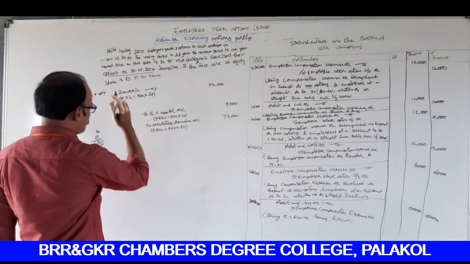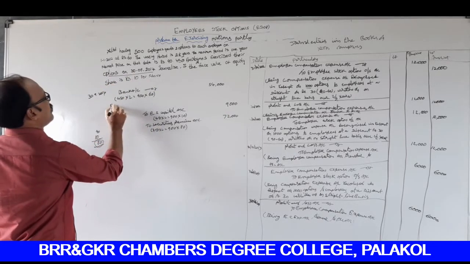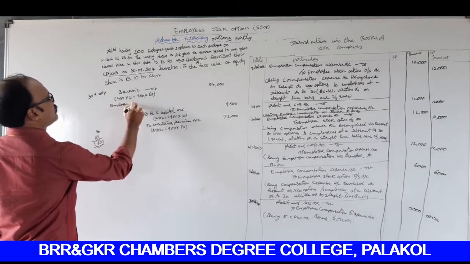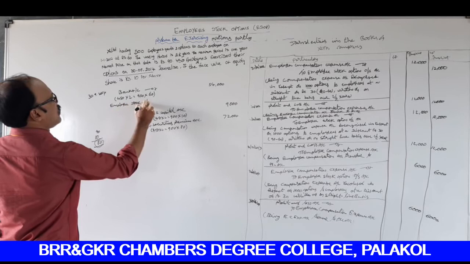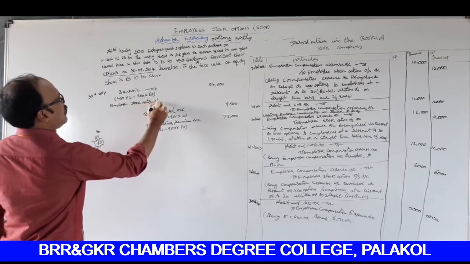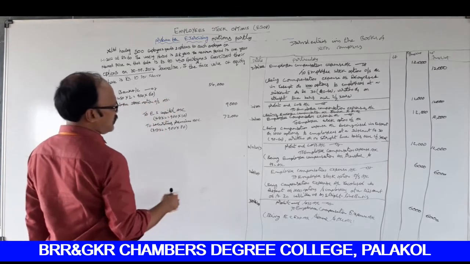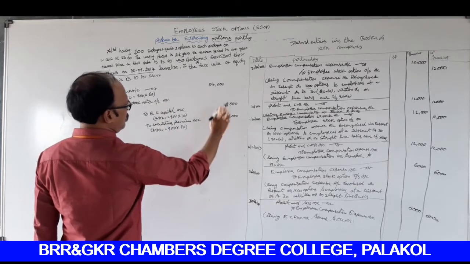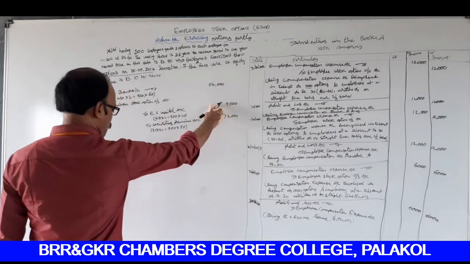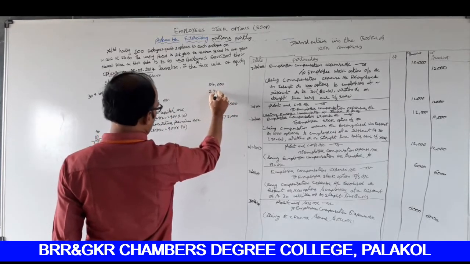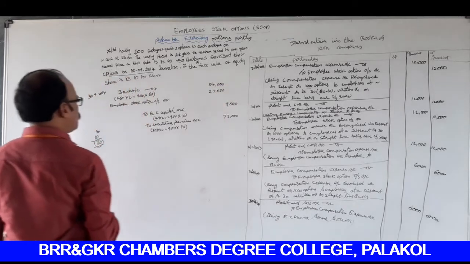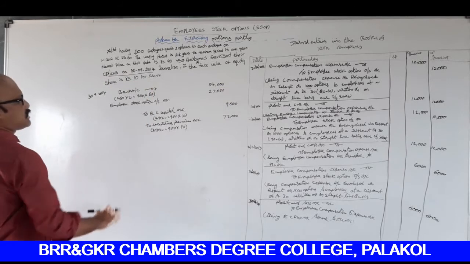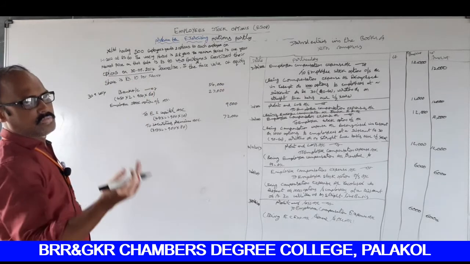The remaining amount transfers to employee stock option outstanding account. How much? Remaining amount 27,000. 27,000 rupees amount transfers to employee stock option outstanding account.